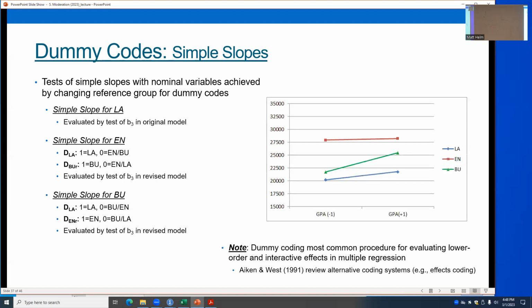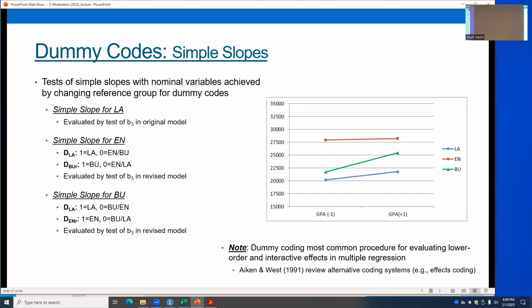And so essentially what we're doing here, with this dummy code model, in the first model, it gave me comparisons of engineering and liberal arts and business and liberal arts. And so then I already have my simple slopes here, right? If I want to test my simple slopes specifically for engineering, then I just swap around my dummy codes, make sure my interaction terms are appropriate, and then just run my model.